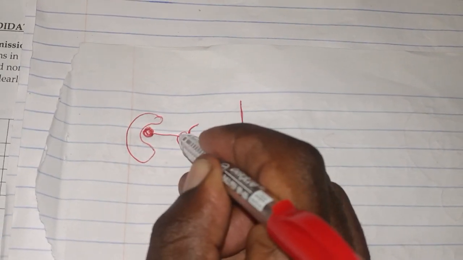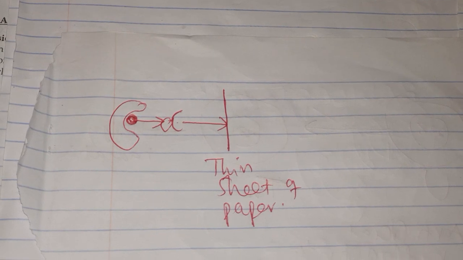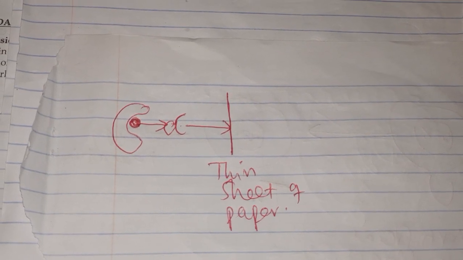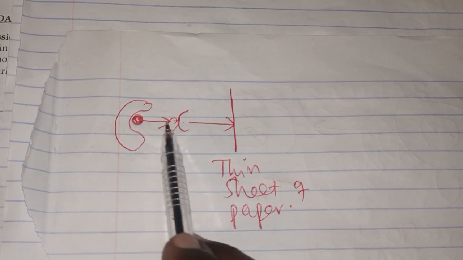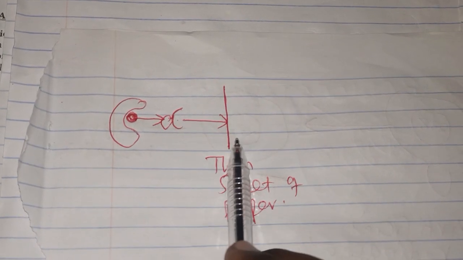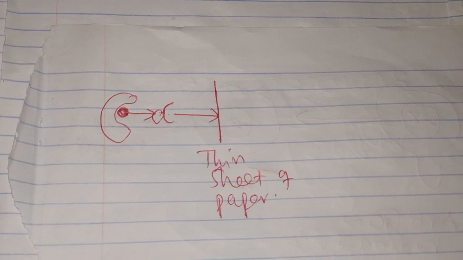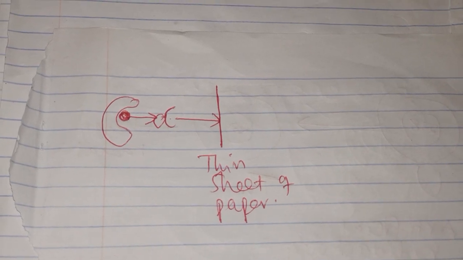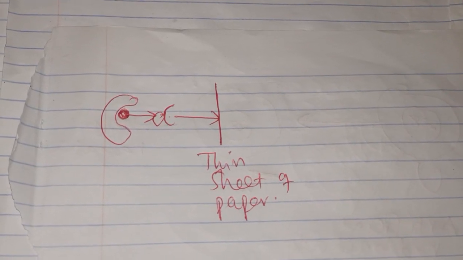This is a radioactive nuclide, emitting an alpha as a radiation or as a particle, which is a helium nuclide. When this particle is emitted, it gets blocked by a thin sheet of paper. So it has a very low penetrating power, and they do not pass through a sheet of paper.